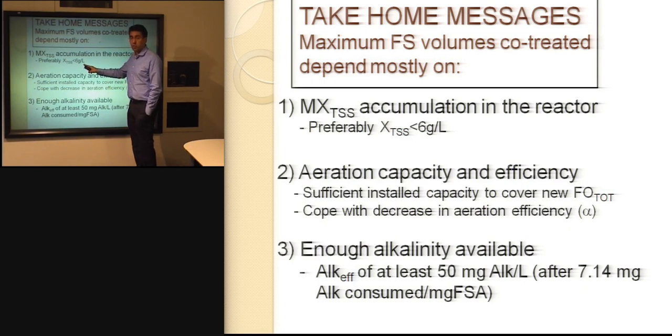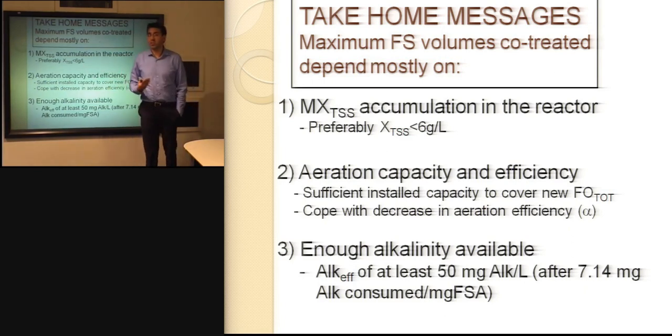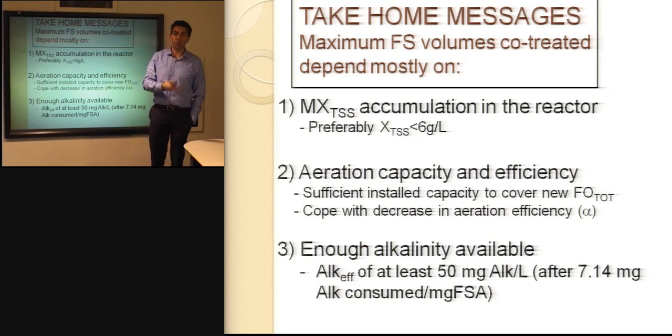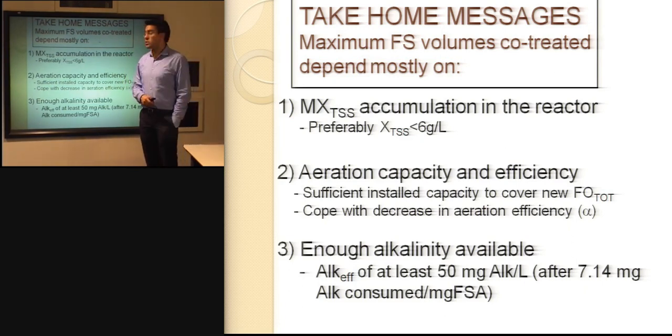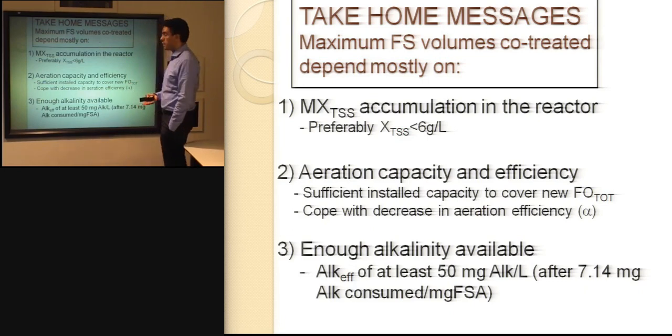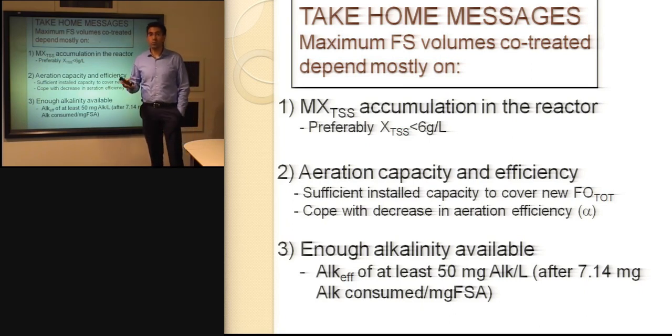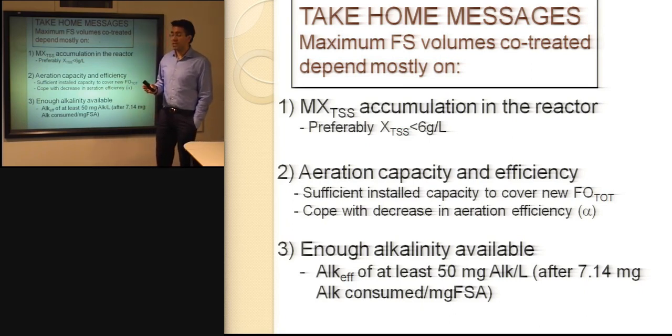But as we already saw, with 1 or 2% discharge of fecal sludge with regard to the total influent treated, this concentration can be very easily exceeded. Regarding the aeration capacity and efficiency, there should be sufficient capacity installed to cover the new oxygen requirements and to cope with the decrease in the aeration efficiency. That also means that for already 1 or 2% fecal sludge discharge, these capacities may need to be doubled or tripled, 2 or 3 times higher in that system.